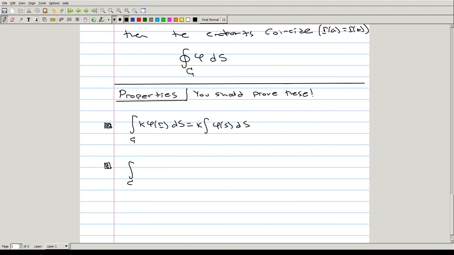You also have the sum property. It's linear under constant multiples, and it's linear under a summation. If you do the line integral of phi of r plus psi of r, where these are two scalar functions, this is going to be equal to the line integral of the first function plus the line integral of the second function.